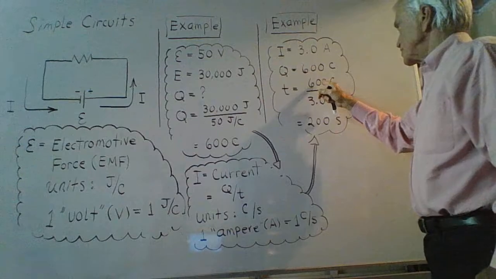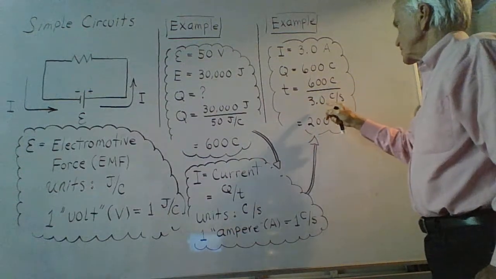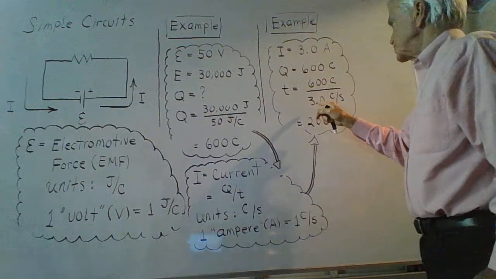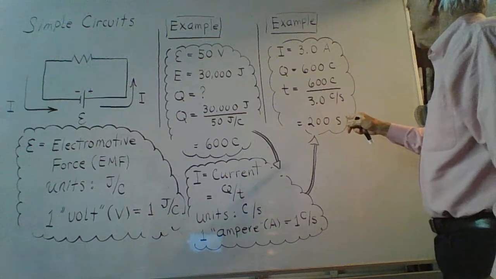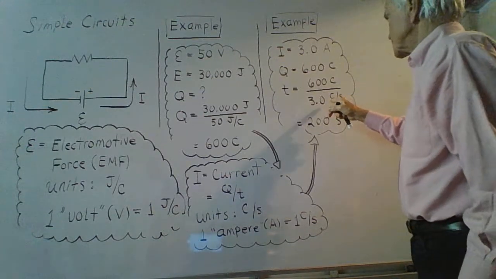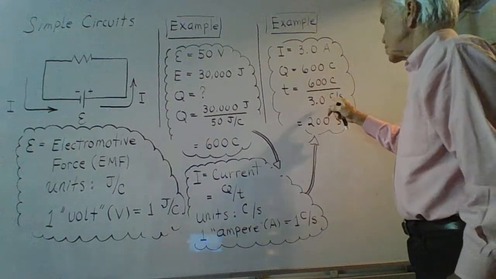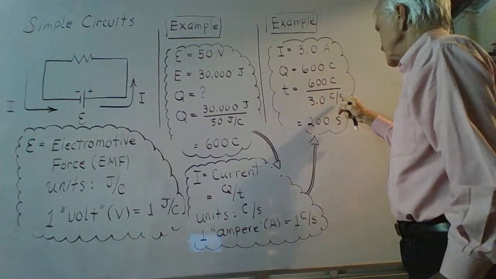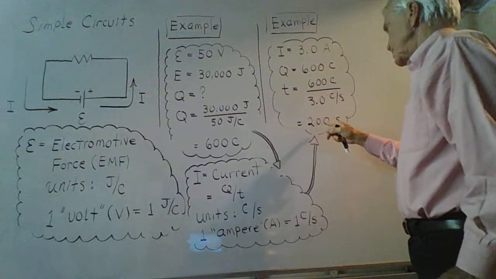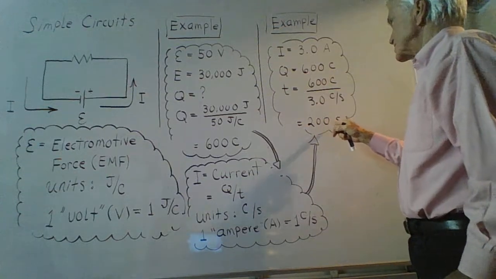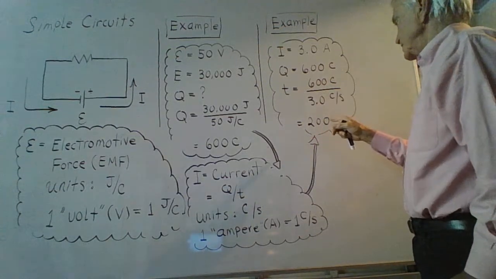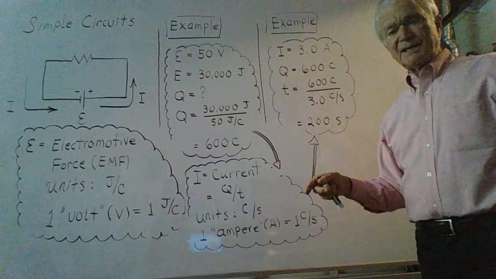Well, we have 600 coulombs. We're consuming charge at the rate of 3 coulombs for each passing second. Final result is that after 200 seconds of this battery's operation, it will have become dead.